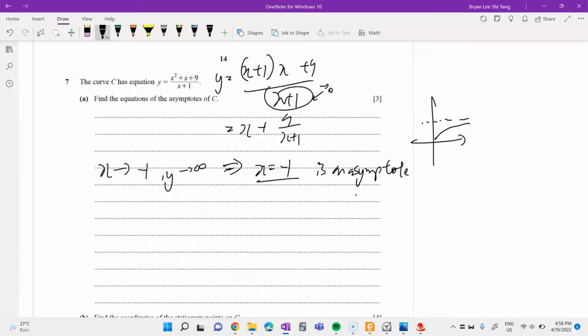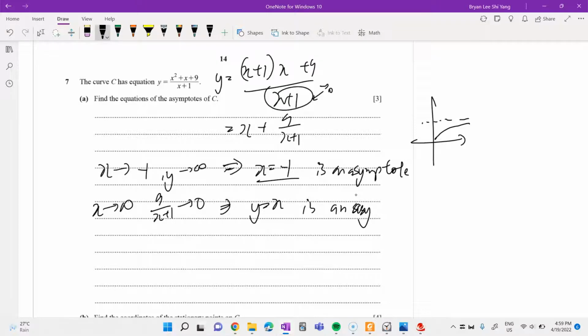Now, if I let my value of x tend to infinity, then my 9 over x plus 1 would have less of an effect, so it will be 0. So from here we can deduce that y equals x is also an asymptote.